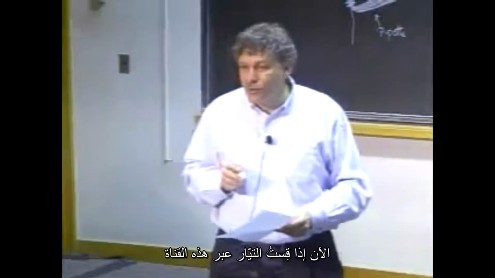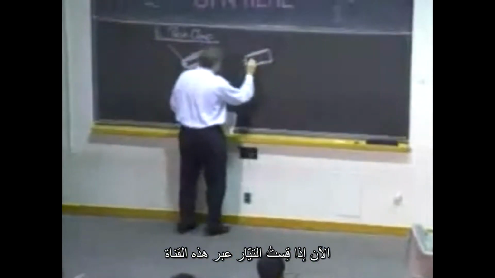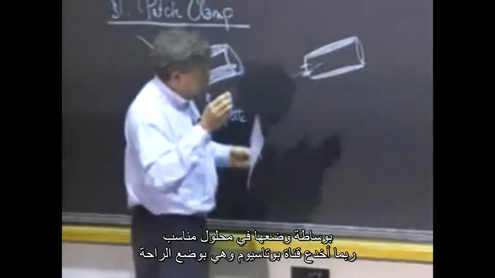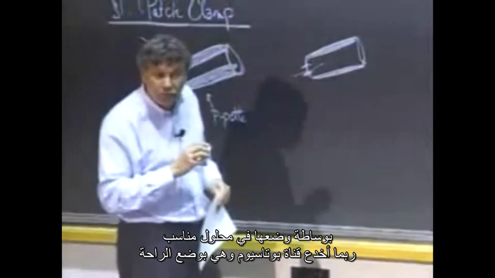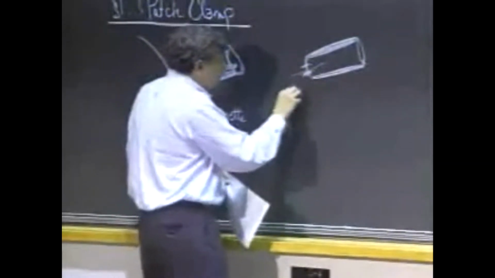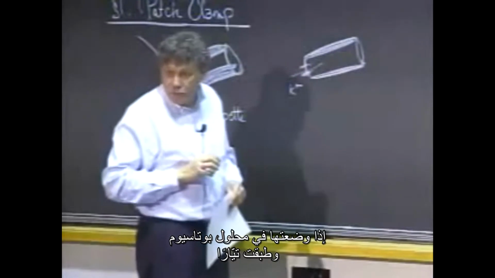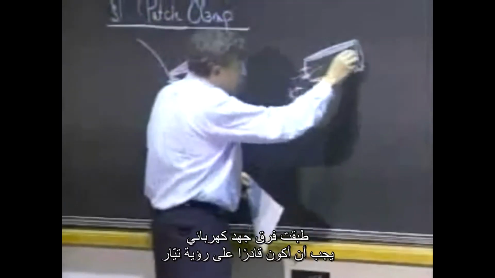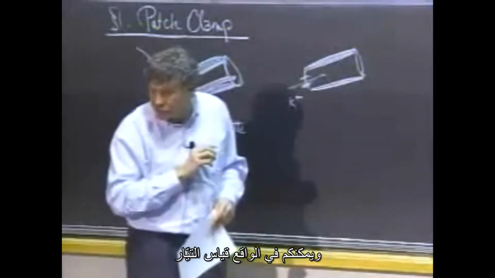Now, if I measured the current through this channel by putting it in an appropriate solution, maybe I've ripped off a resting potassium channel, okay? If I put this in a potassium solution and I apply a voltage difference, I should be able to see a current. And you can actually measure a current.